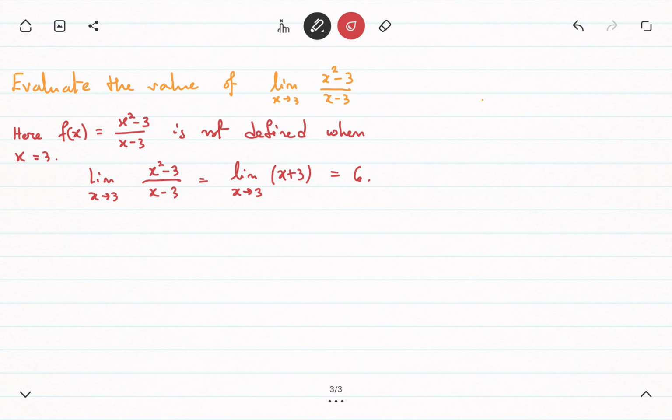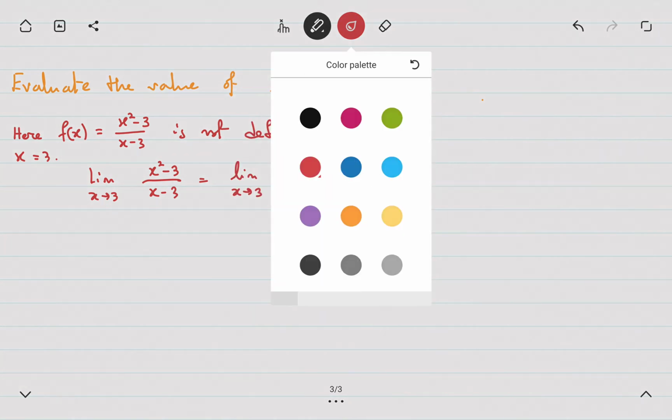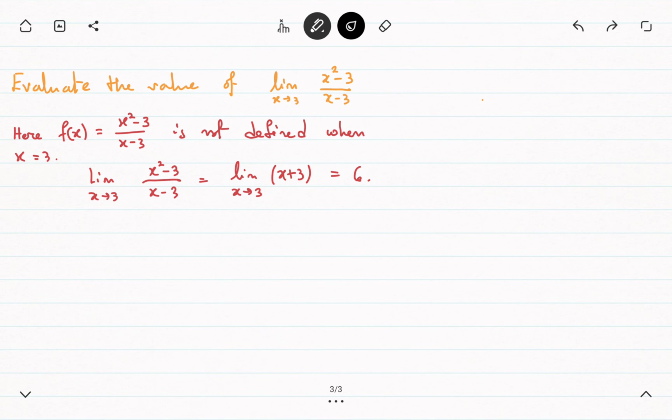So now we'll define the epsilon delta approach.